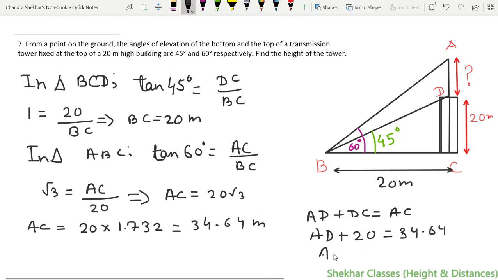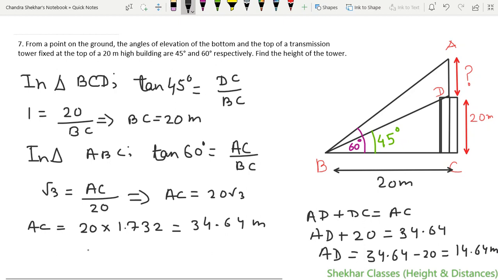So therefore AD will be equal to 34.64 minus 20, and that is going to be how much? 14.64 meter.